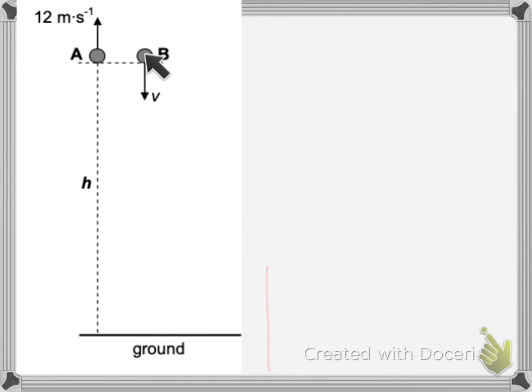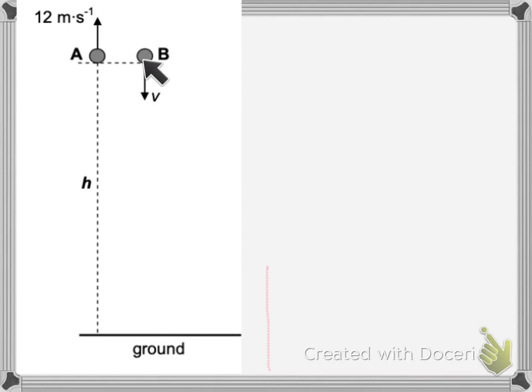What happens to ball B? At the same time that ball A is tossed upward at 12 meters per second, ball B is thrown downwards with an initial speed of v. Okay, and so that is at the same time.